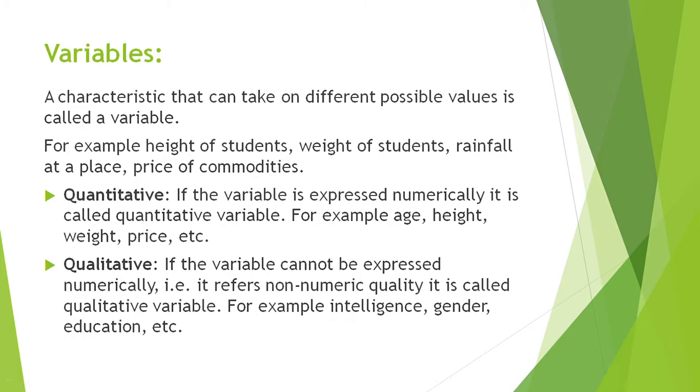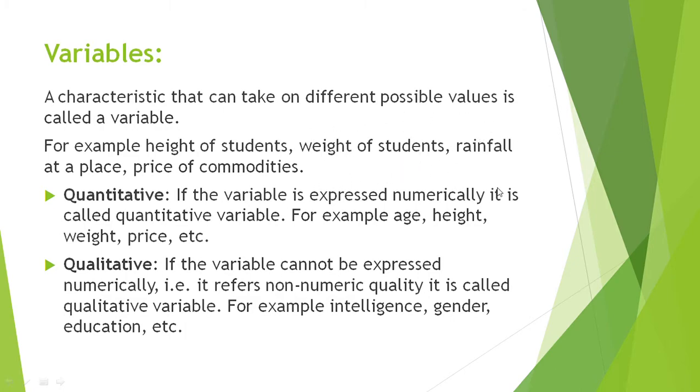Okay, then we have variables. A characteristic that can take on different possible values is called a variable. A variable is a characteristic, or a column, which can take on different values. For example, height of the students varies from one another, and the weights of the students also vary.